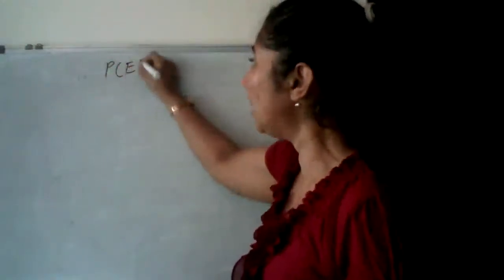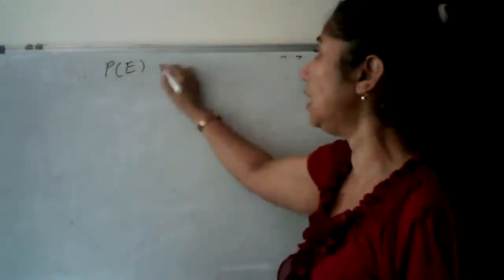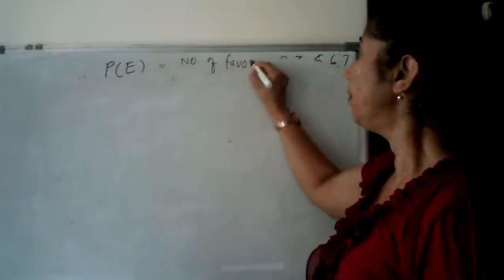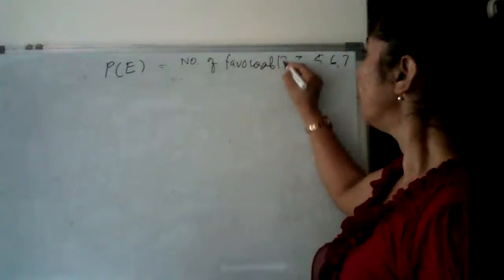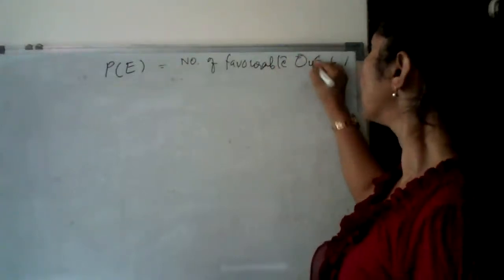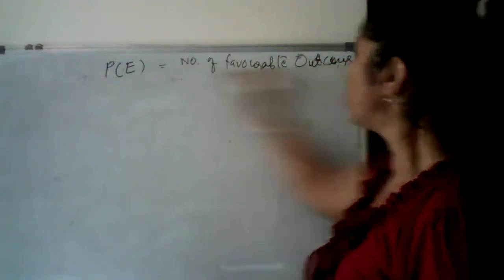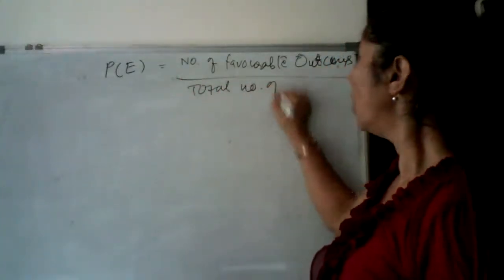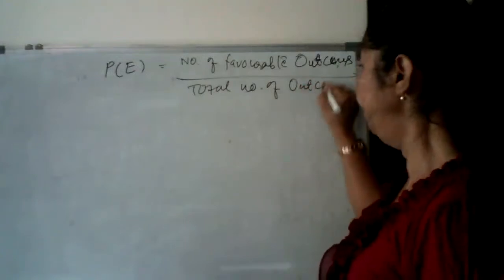And we use the formula here: probability of event E. How do you read this? Probability of event E is the number of favorable outcomes to total number of outcomes.